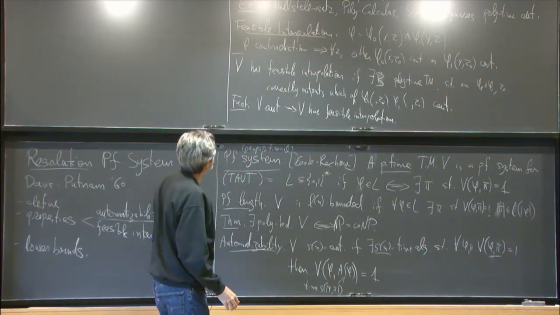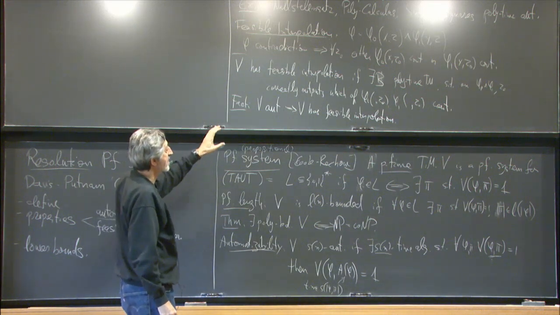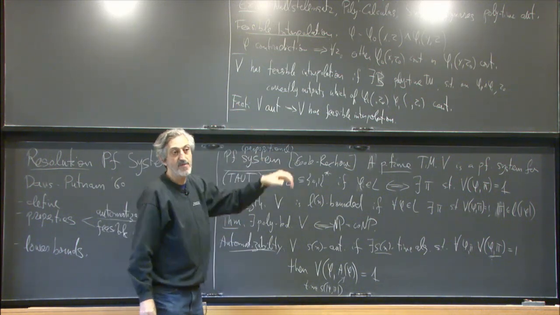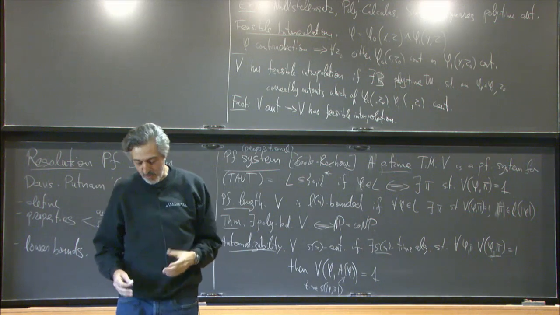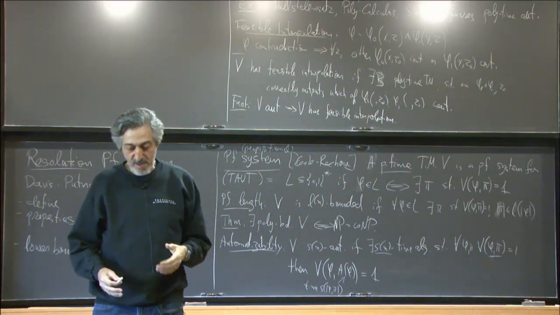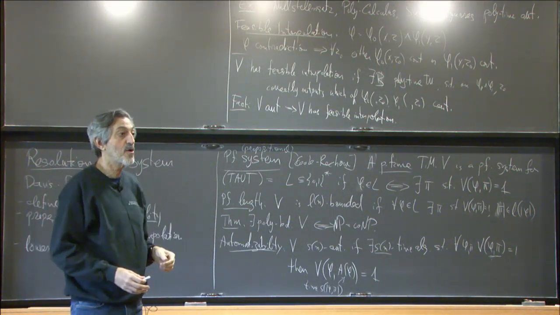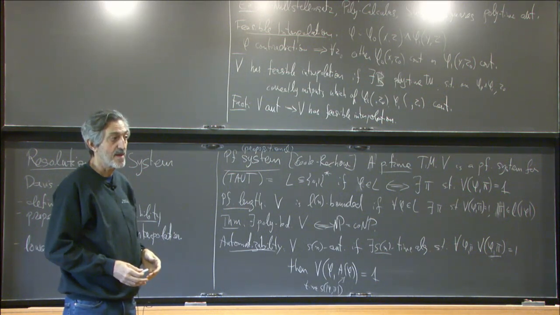But maybe I should state one result of Krajíček and Pudlák, to show you that we don't expect feasible interpolation for strong systems.